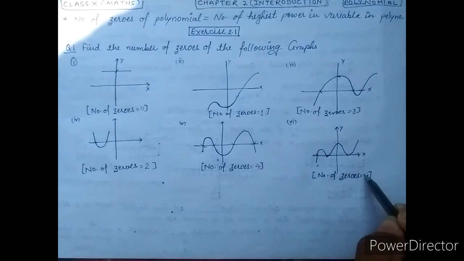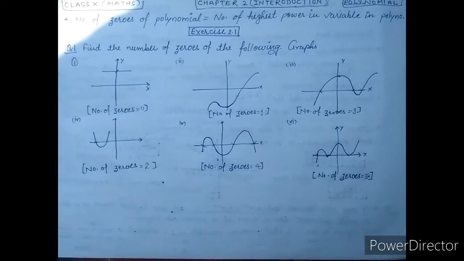That's why number of zeros for this graph will be 3. I think you can understand how we find the number of zeros when any graph is given. So you can say the number of zeros, or solutions or roots of any equation, are the number of points on the x-axis intersected by the graph.